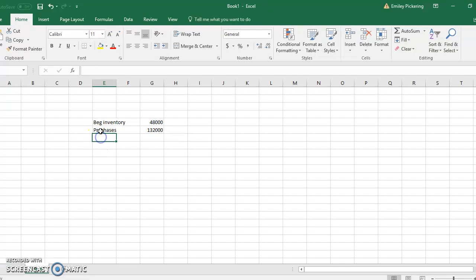Then I'm going to subtract my ending inventory as of June 30th, and that was 45,000. When I sum these up, that is 135,000. That is my materials that were used in production. Okay.